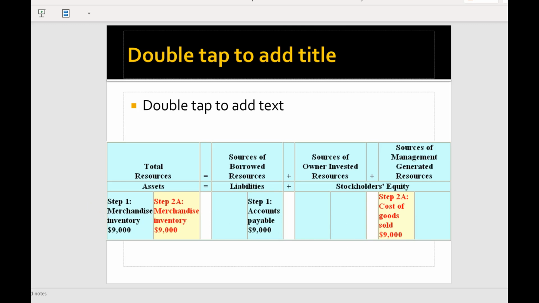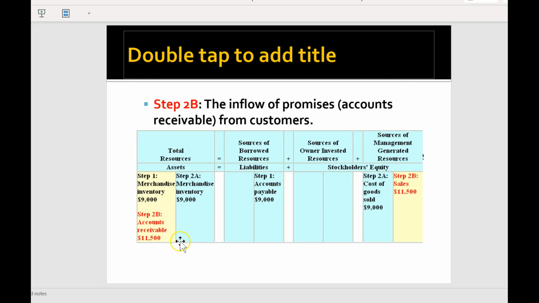So that's step 2A. When we are selling inventory, we recognize the cost. Okay? In step 2B, we would recognize the sales. For the amount that we sold to the customer, we debit accounts receivable 11,500 and we credit sales 11,500, which means we increase the resources, that is accounts receivable, and we credit revenues, which increases the management-generated resources, which is the stockholders' equity.